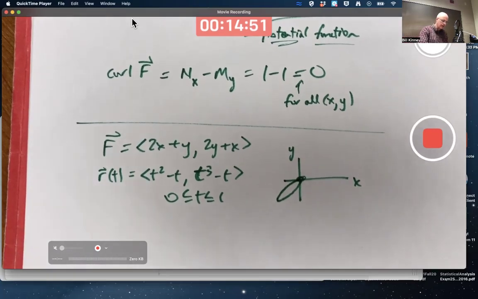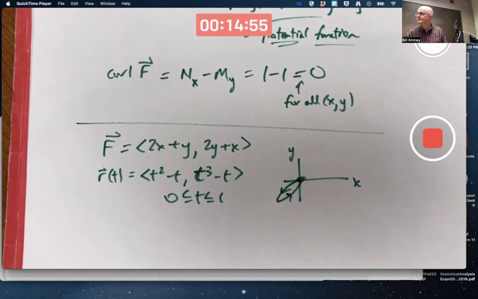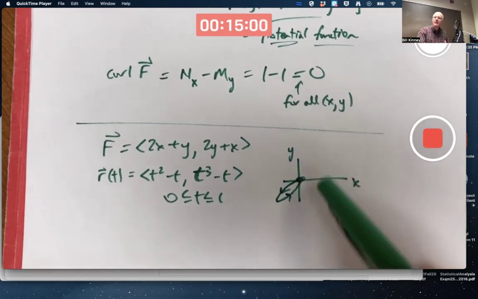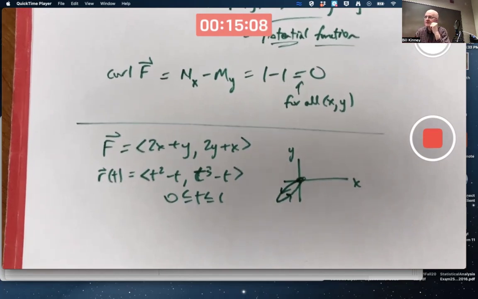It's an oriented curve. The arrows are going counterclockwise around. But you're coming back to where you start. We already know this is a conservative vector field. It's independent of path. A and B are the same point. I know I've got to get 0 for the answer. The integral has to be 0.